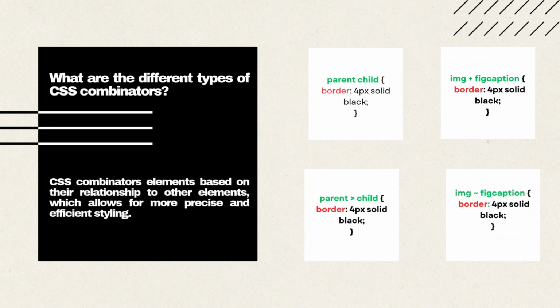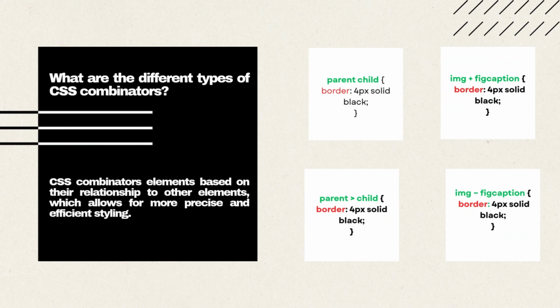Every p tag, no matter how deep they are nested, as long as it's a descendant, even if they are grandchildren or great grandchildren, they're all going to have a border of 4 pixels solid black. But the child combinator would style the immediate children, not the grandchildren and not the great grandchildren. That's the difference between the descendant combinator and the child combinator.